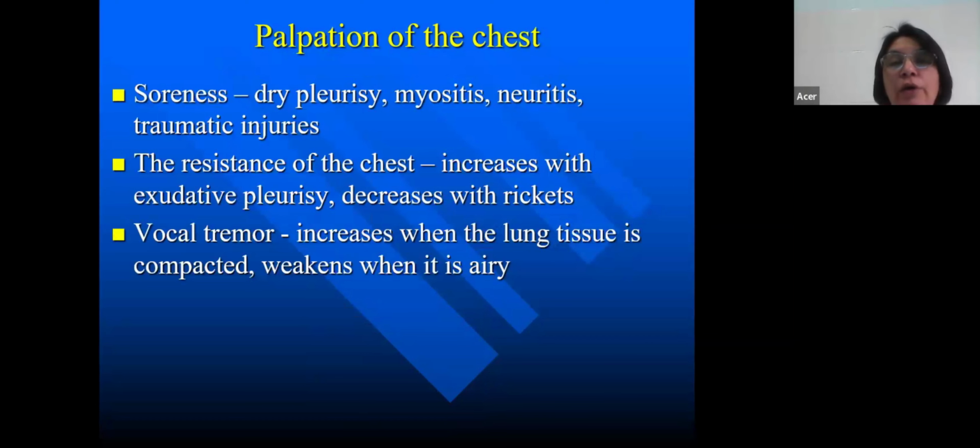Resistance of the chest, or elasticity. Resistance increases with exudative pleurisy, decreases with rickets. Elasticity increases with rickets and decreases with exudative pleurisy. Vocal tremor increases when the lung tissue is compacted, for example, in a patient with lobar pneumonia, and weakens when it is airy, in a patient with emphysema.